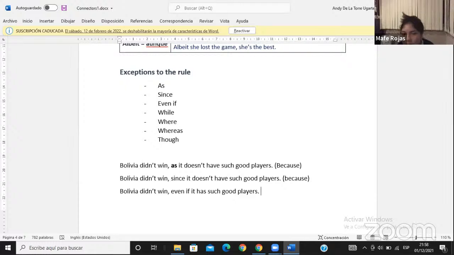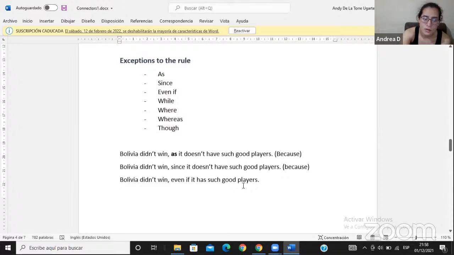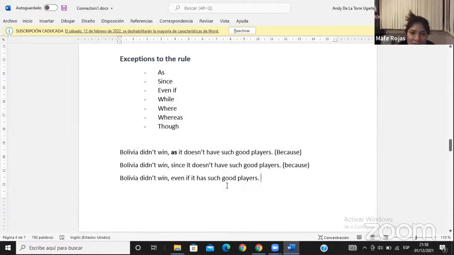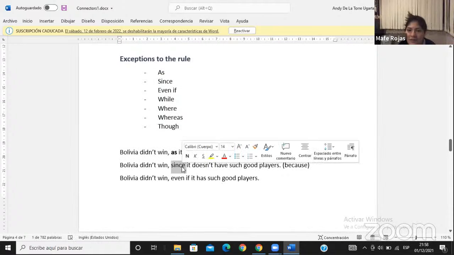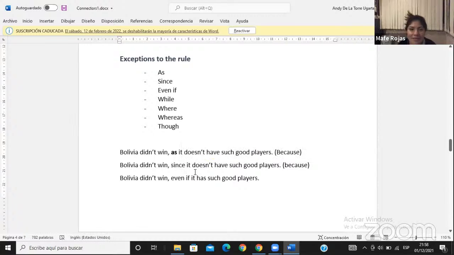So in the second example, when do I realize that these exceptions are for the conjunction? I mean, when I realize that since is because and not desde.